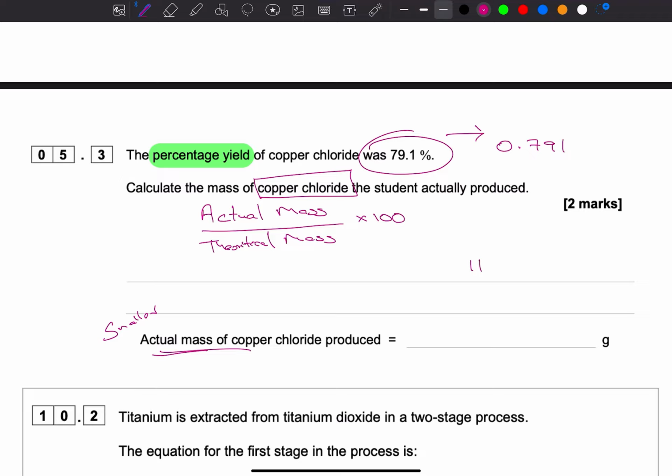You might think if you divide, the number gets smaller. No, the number gets bigger when you divide by a number less than one. So you multiply it by 0.791, and it gets smaller, which is 8.701 grams.